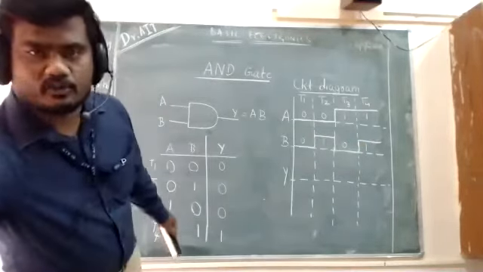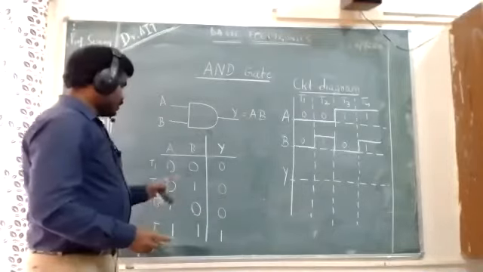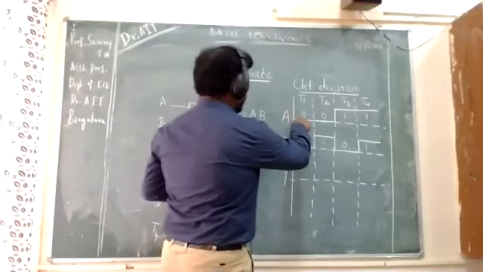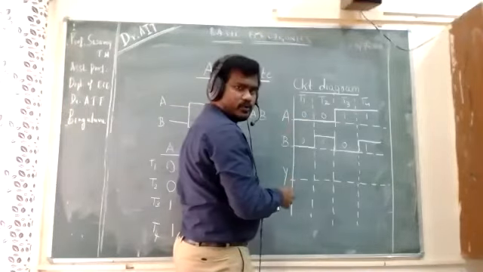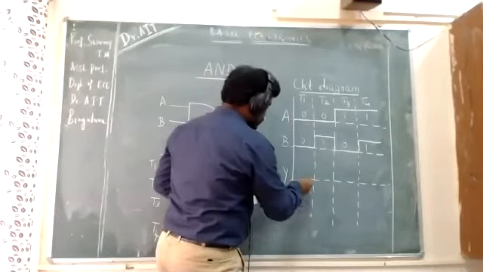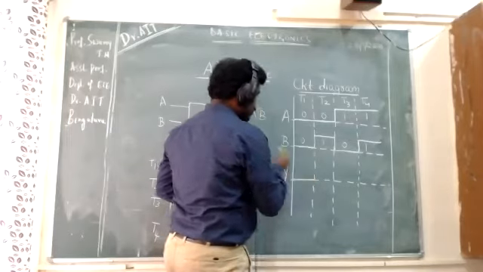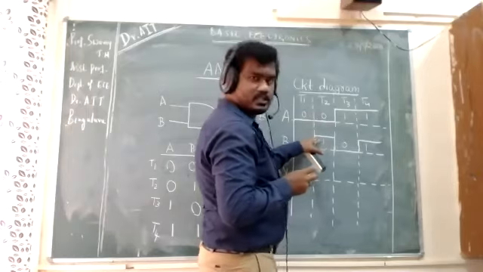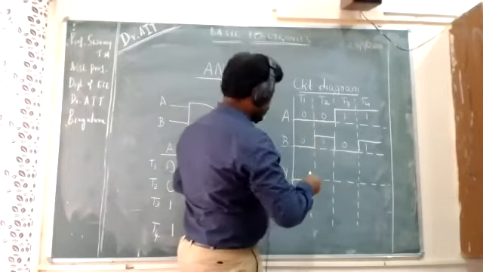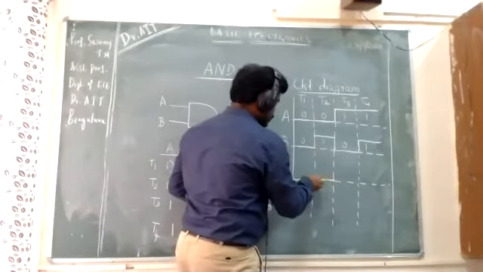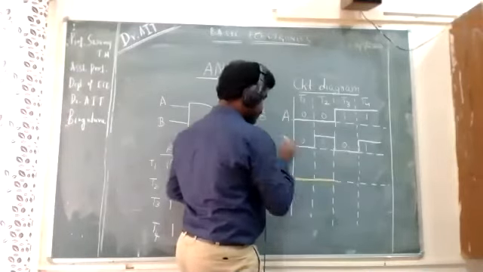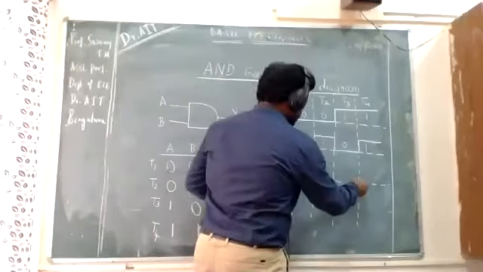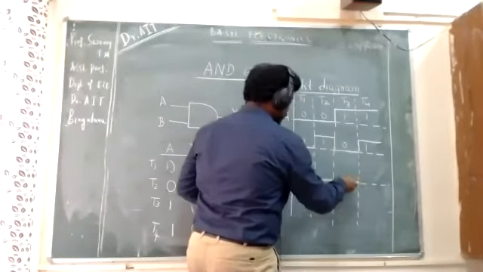Then I have to represent output Y. Now what is output Y? When inputs 0 and 0 are there, the output is logic 0. If any one of the inputs is logic 0, that is 0 and 1, here also the output is logic 0. And here also one of the inputs is logic 0, so the output is logic 0.